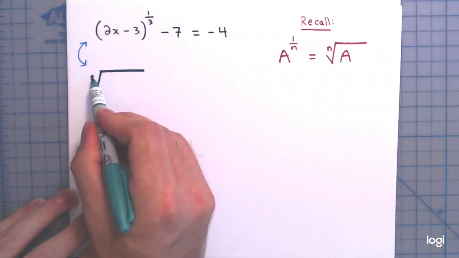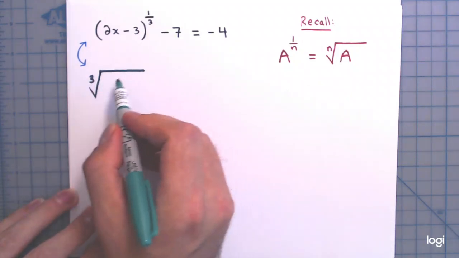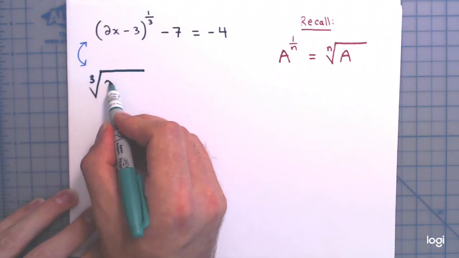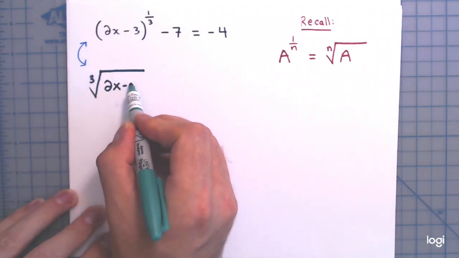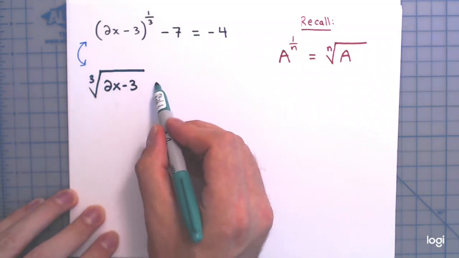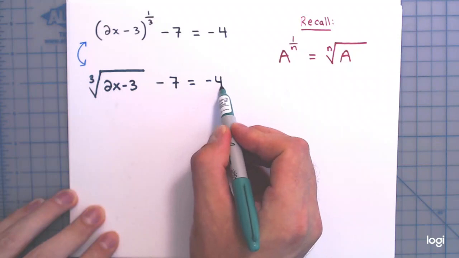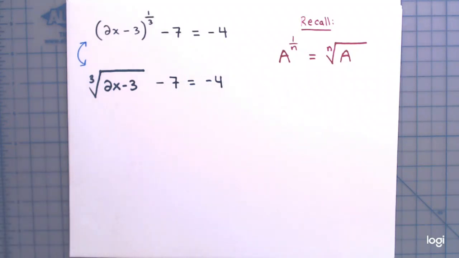So that's the index of 3. The denominator of the power is the index of the radical, and the radicand is the base, 2x minus 3. And then we have minus 7 after, equals -4.